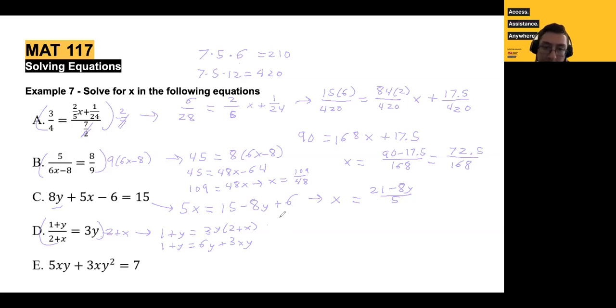So again, add everything to the other side that isn't x. Subtract 6y over, 1 minus 5y. And just divide by 3y. So the x is just left over.